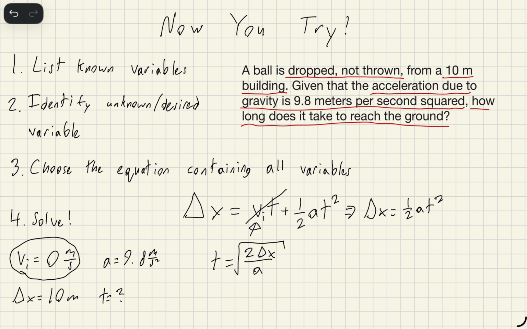We plug in our values to get the square root of 2 times 10 meters divided by 9.8 meters per second squared. And if you plug this into the calculator, you get an answer of roughly 1.43 seconds.